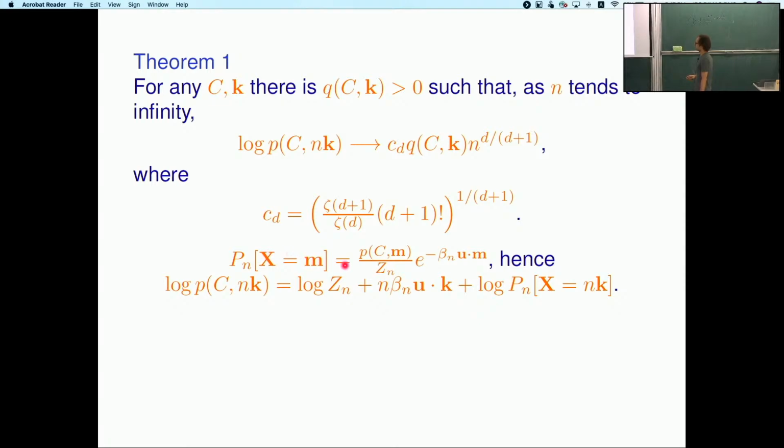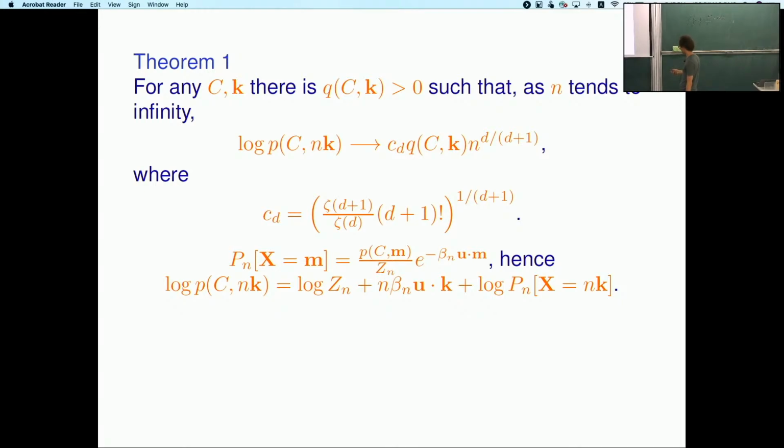So we know, I think I put this up on the screen earlier, that the probability that a given endpoint occurs under the probability distribution P of n is just the number of zonotopes with that endpoint divided by this partition function Z of n, which is the normalizing constant, times e to the minus beta u times n.